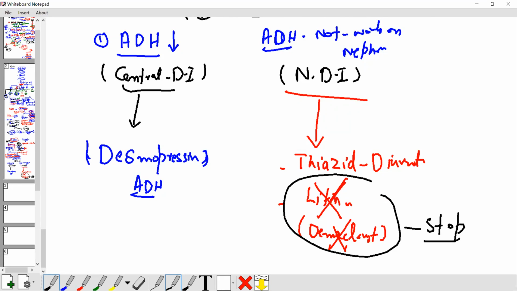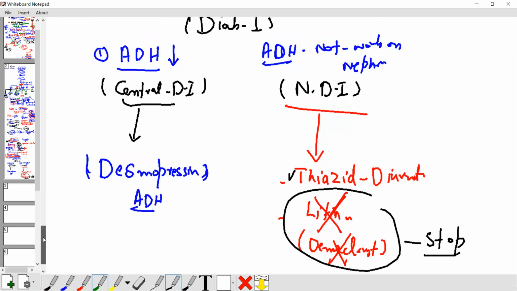Stop these drugs: lithium for bipolar disorder, demeclocycline for any type of infection. We must stop the medication causing diabetes insipidus. Understand? And for the treatment, we can use thiazide diuretics. So in this case, ADH is not working.